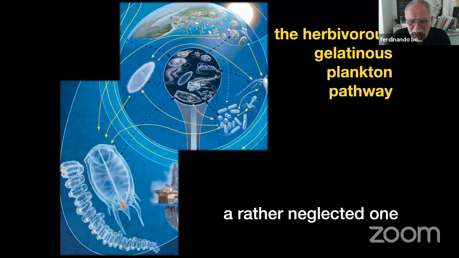These blooms are sudden, they are massive, but they don't last for a long time. But their occurrence might redirect completely the functioning of the ecosystems, and they are not studied enough.